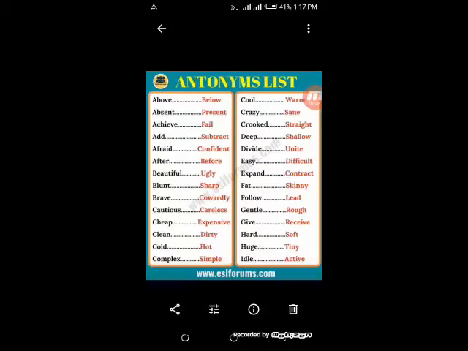We have above, below, absent, present, achieve, fail, add, subtract, afraid, confident, after, before, beautiful, ugly, and so on. I would like you to look at this list and write down as many as you can, and even your own examples.